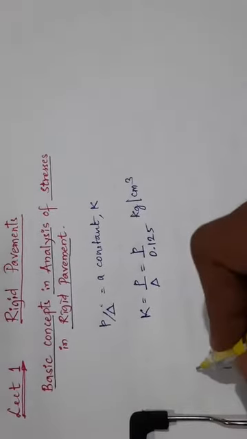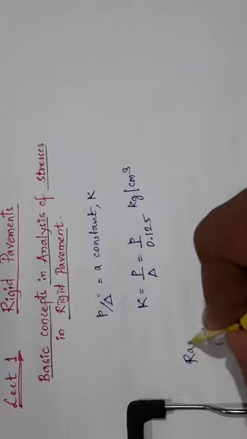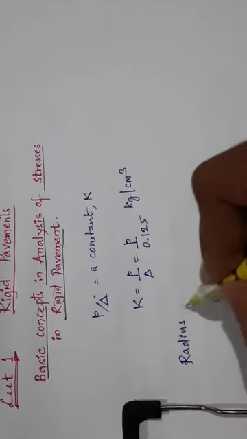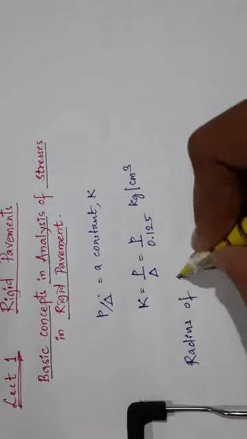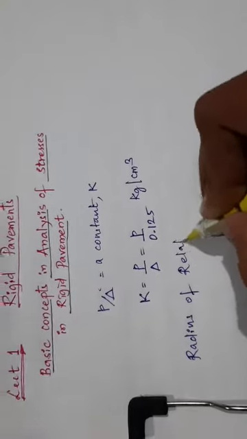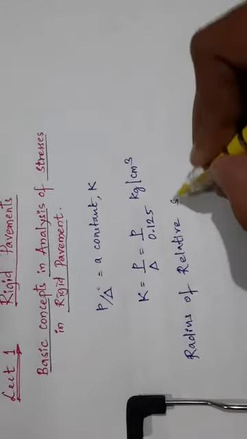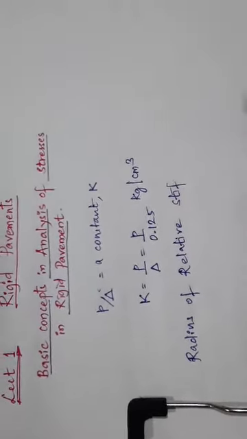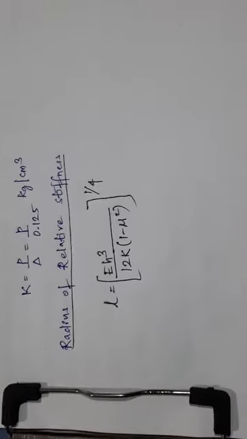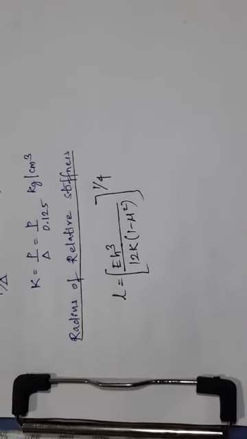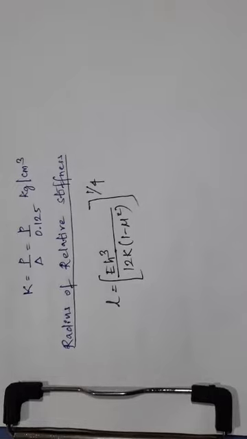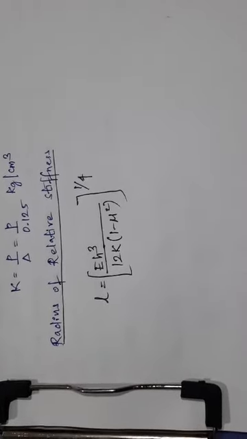The next concept here is the radius of relative stiffness. Here a certain degree of resistance to slab deflection is offered by the subgrade.